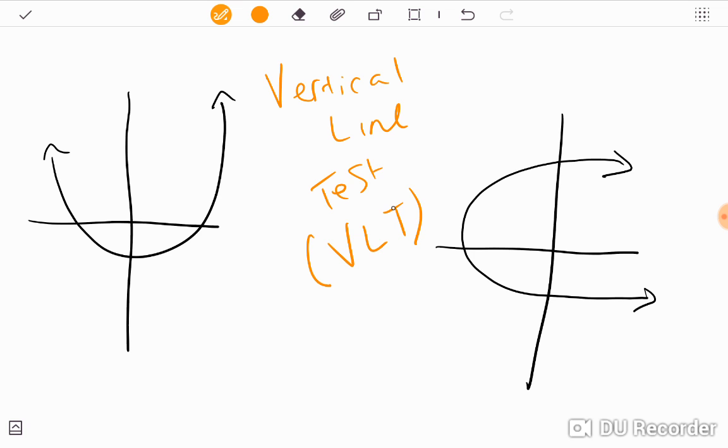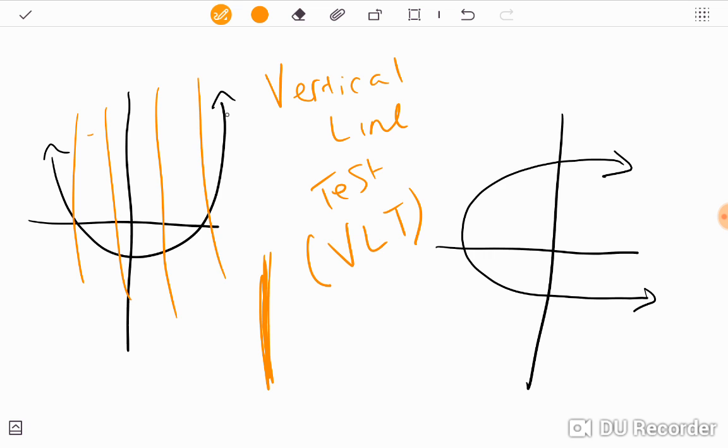All that means is if you take something like a ruler or a book or a piece of paper, something that has a straight up and down line, you can put that line anywhere on the graph and it only hits that graph in one spot. Let's say this is a ruler. I could put it up and down all along this graph and it'll only hit it in one spot. So this one is a function.